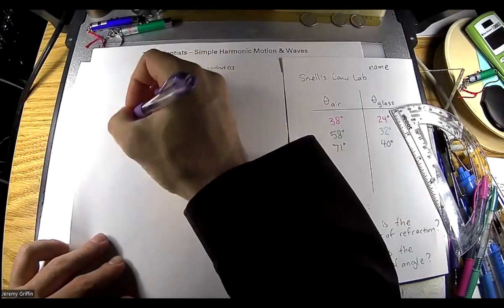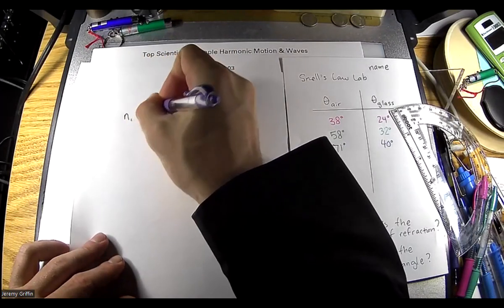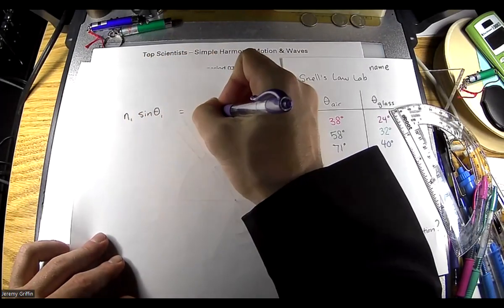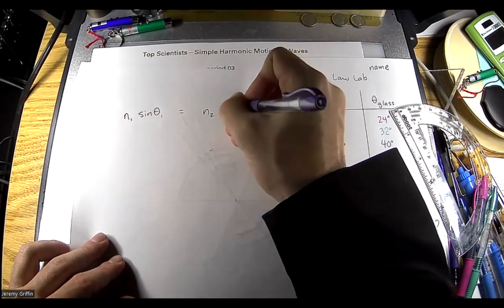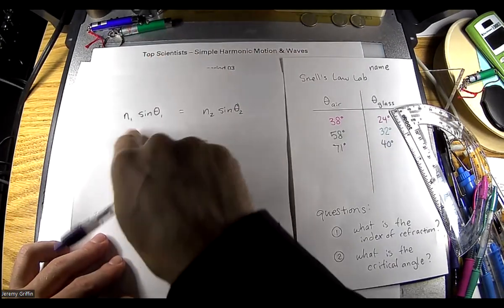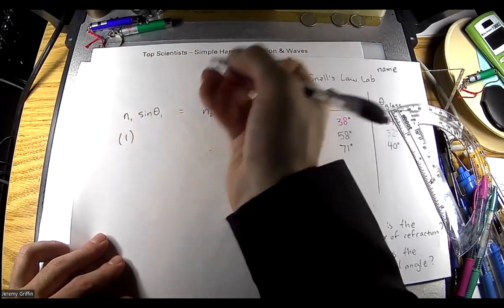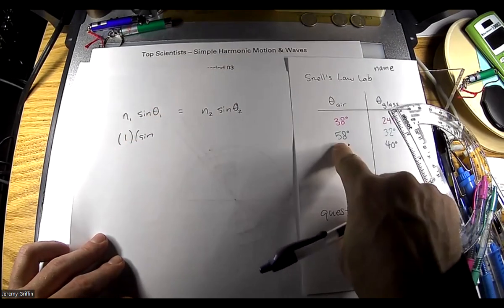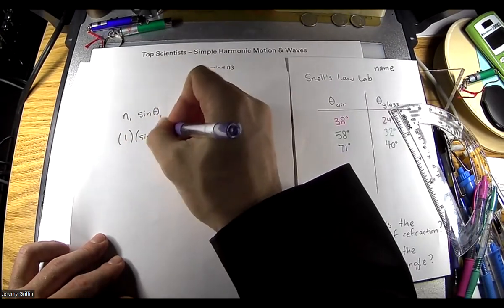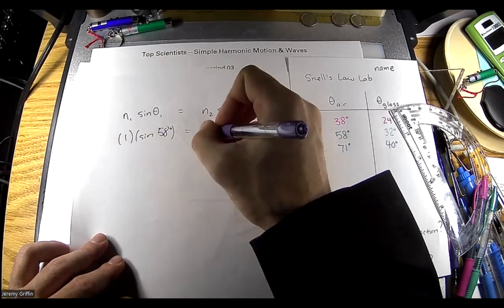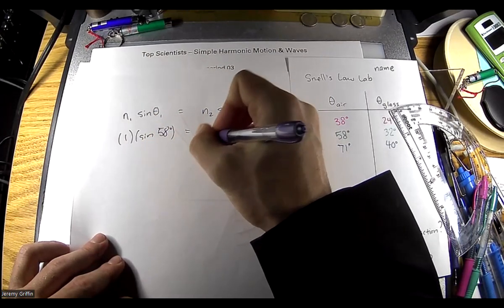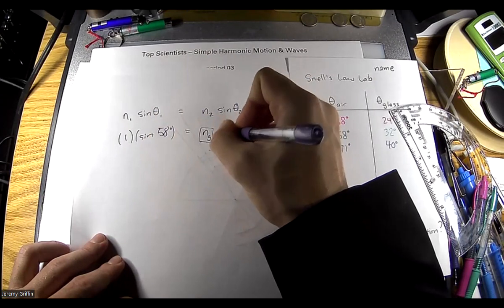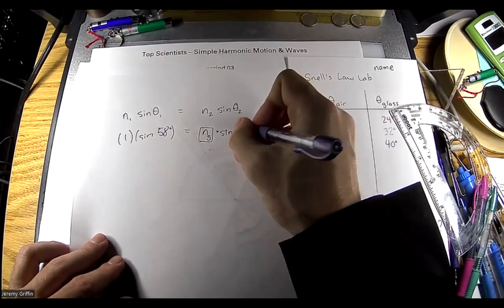So n1 sine theta 1 equals n2 sine theta 2. On the side of the air, I'll call n1 just 1. Sine 58 degrees equals, and let's say we're solving for n of the glass, times sine of 32 degrees.